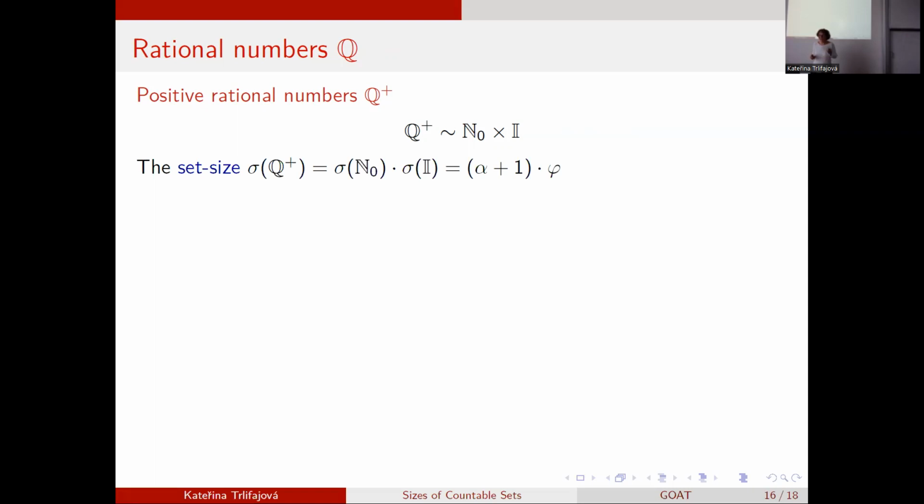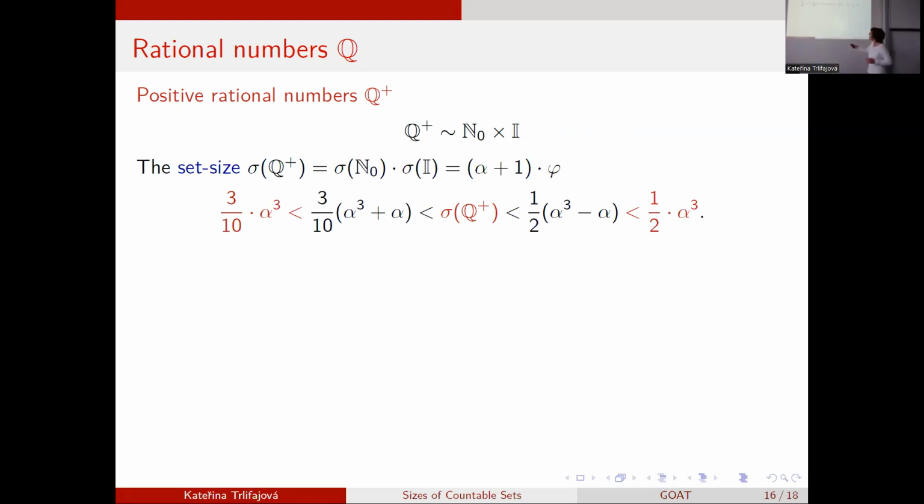Now, their set size would be like this, and we know this is alpha plus 1. This is p, and when we estimate it, we see that the size of positive rational numbers is in fact equal in order to alpha to 3.